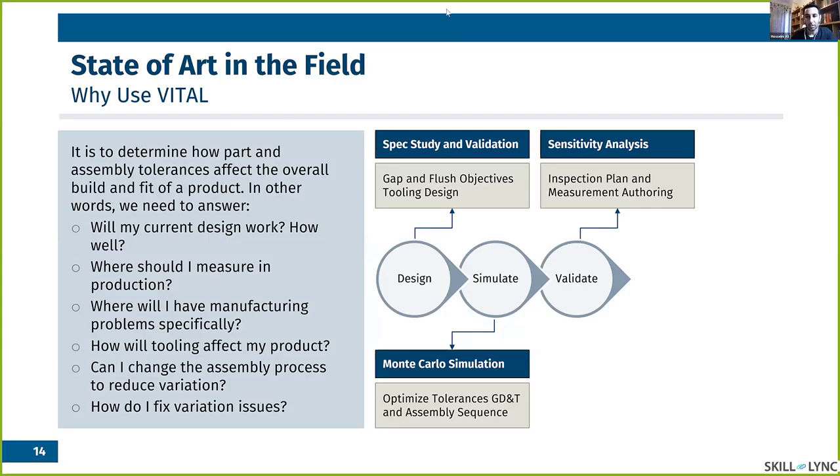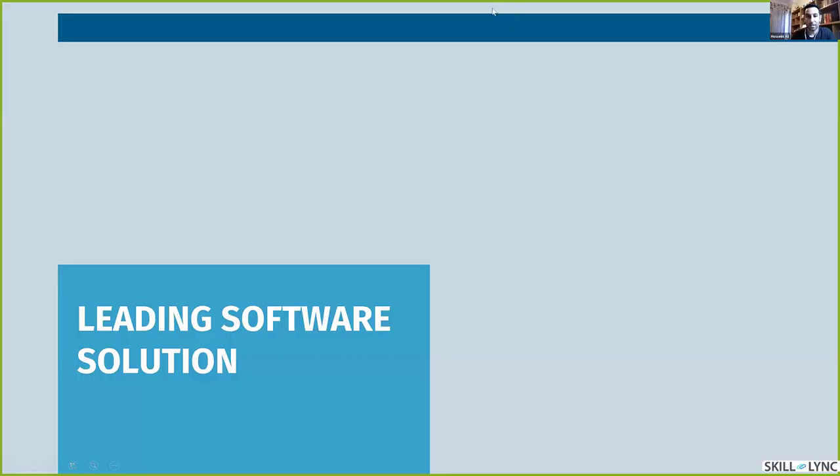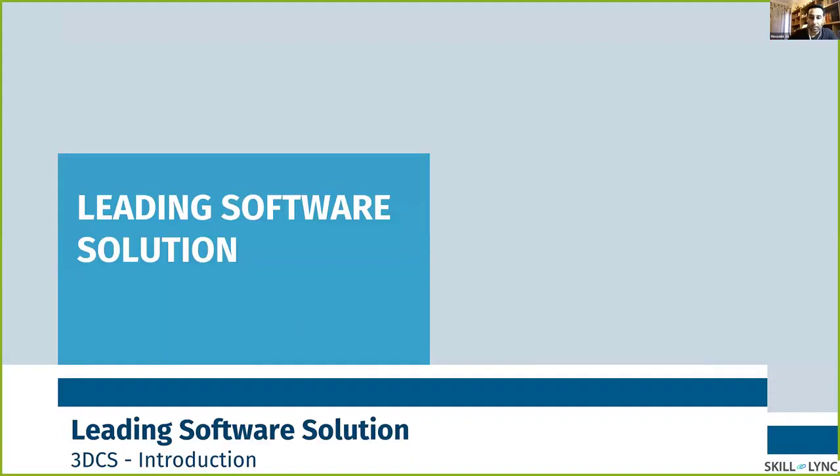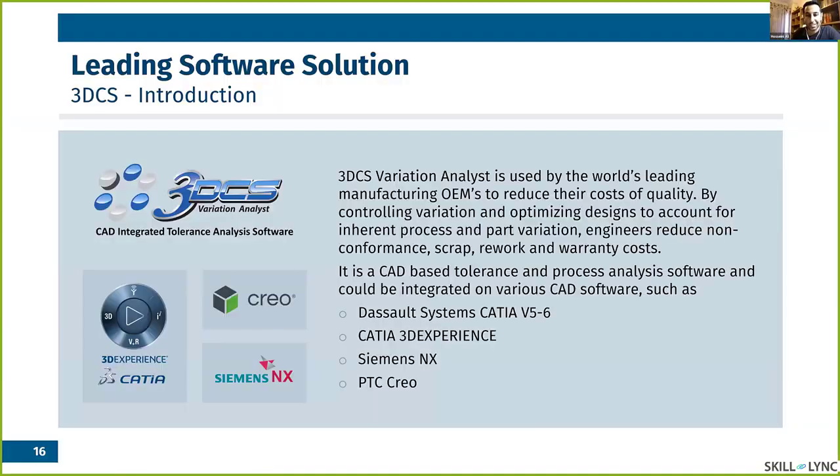Okay, so let's speak about the leading software solution regarding this field. The most famous software regarding this field is 3DCS, which is used by the leading manufacturing OEMs to reduce their cost of quality by controlling variation and optimizing designs to account for inherent process and part variation.